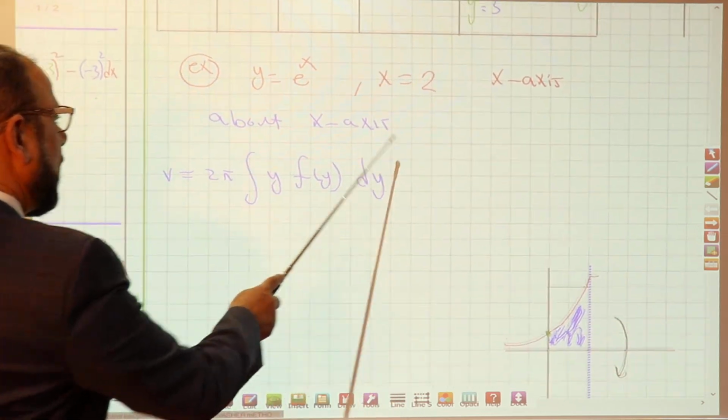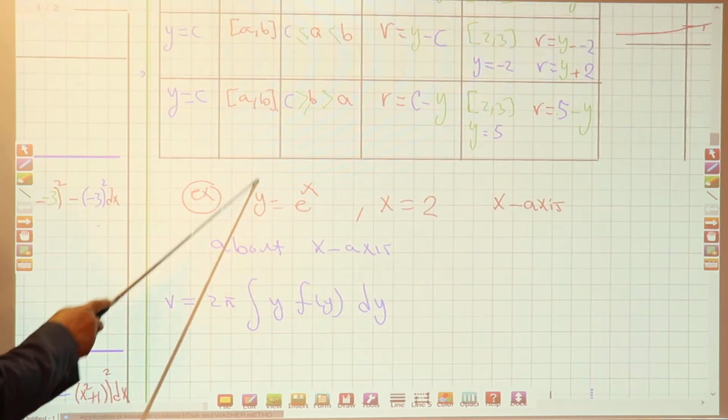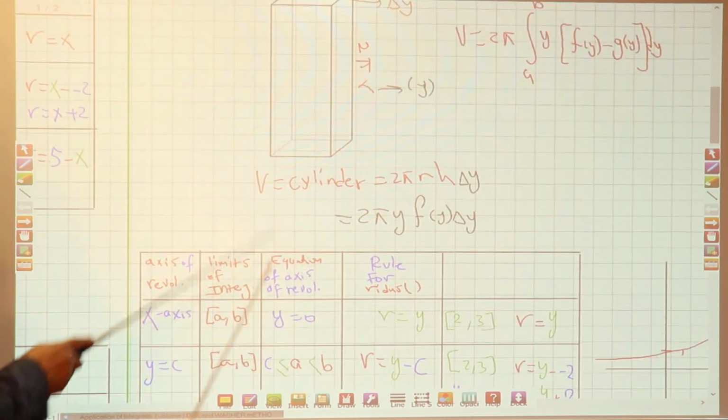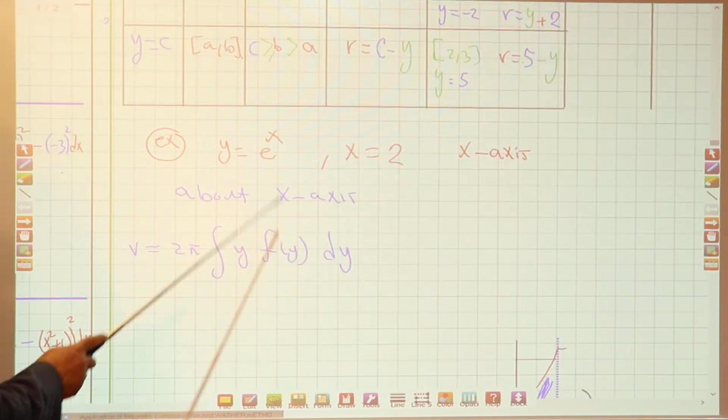Since we have the rule saying about the x-axis, we use the shell method, and this is my rule.